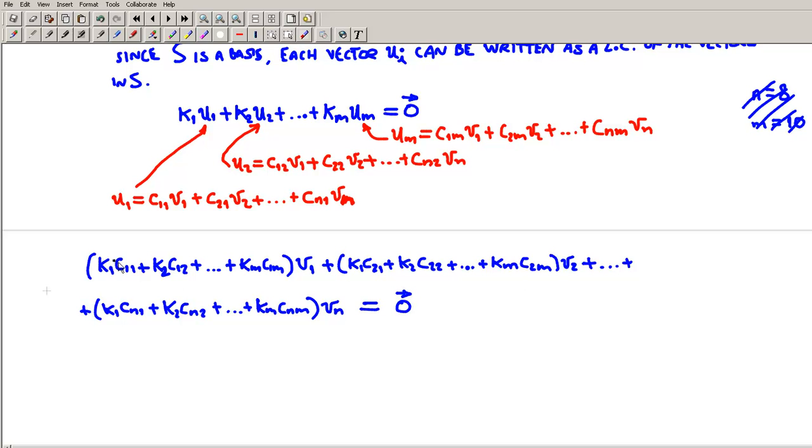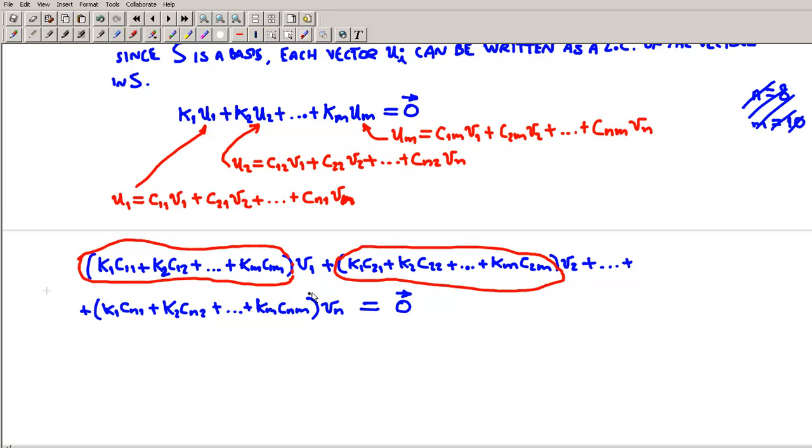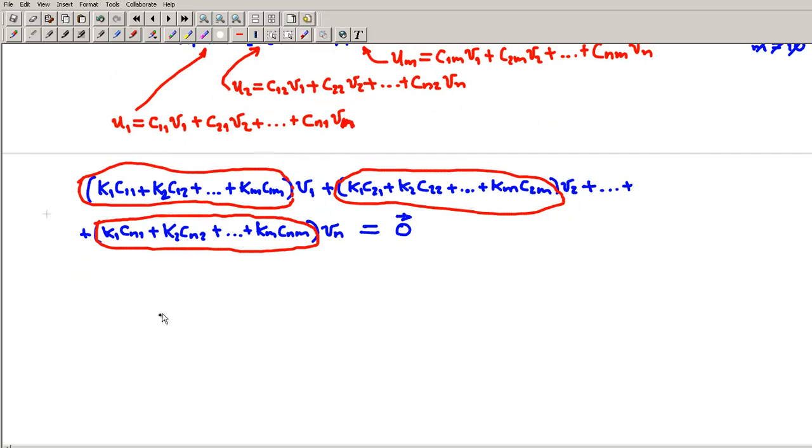Not each k coefficient, but this big coefficient here needs to be 0, this one here will be 0, this one here will be 0, until I reach the last coefficient of vn, this will be 0. All those n coefficients will be 0. That's why you see a big system of equations on page 226, because each of these coefficients is 0.